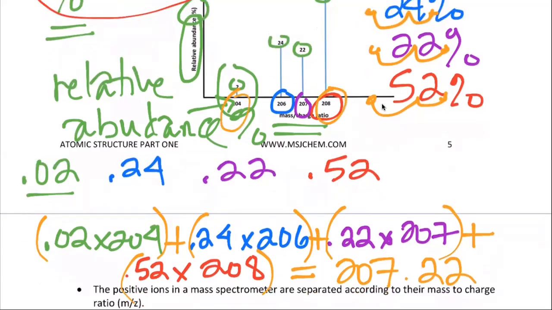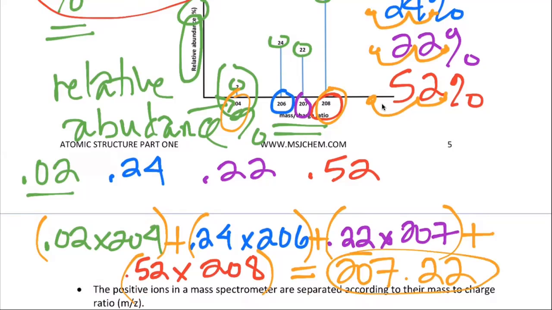If I get a number that's lower than 204 or higher than 208, something is wrong somewhere in my calculation, okay? Because an average means it's going to be somewhere in the middle of my highest and lowest values. So 207.22 makes sense logically because that's between 204 and 208.